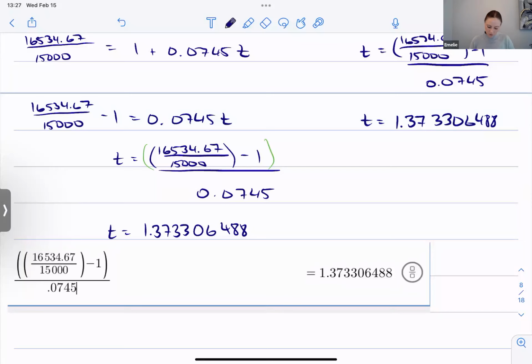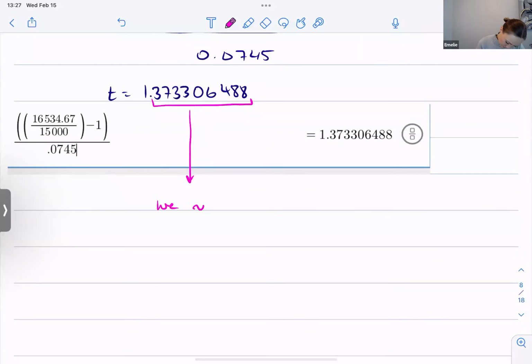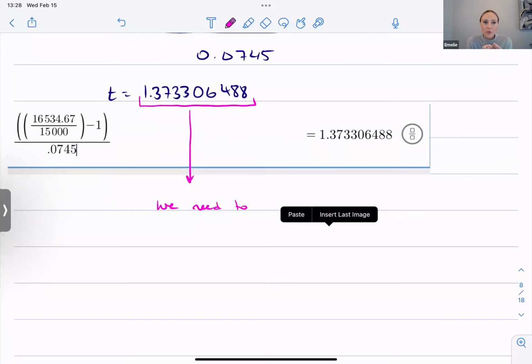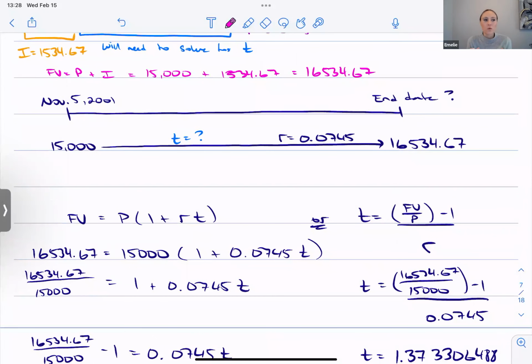We need to convert this into days. The reason I'm gravitating towards days is, one, it's more precise than months, for example, but also I have a precise date. I have November 5th, 2021, or sorry, 2001.